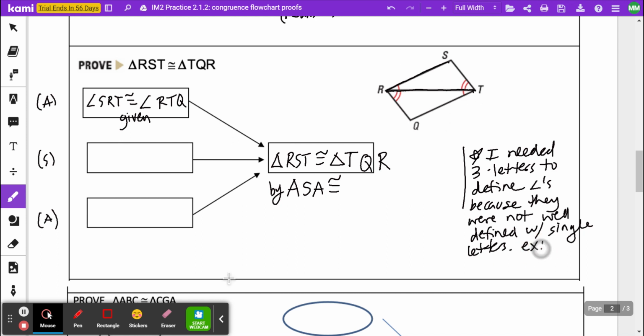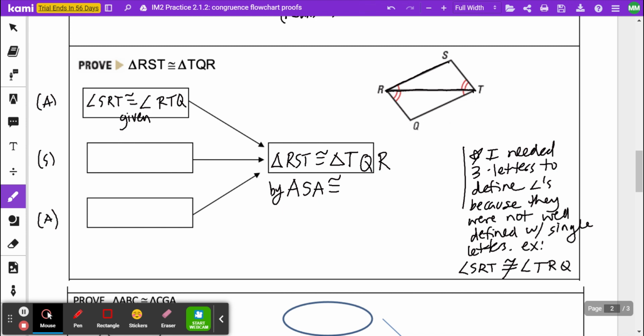For example, angle SRT is not the same as angle TRQ. So saying angle R wouldn't have been enough because there are two angles with a middle vertex R.